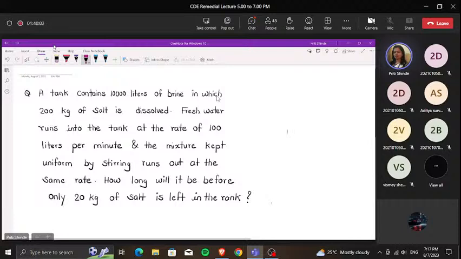In the rough diagram, there is a tank which contains 10,000 liters of brine, liquid, and the amount of salt is 200 kg. Salt is dissolved in your tank. Fresh water: what do we mean by fresh water?